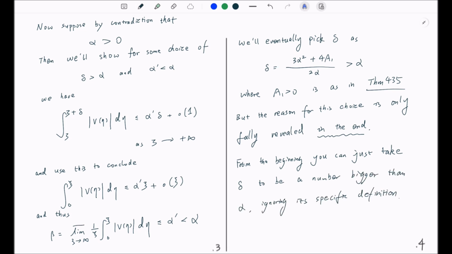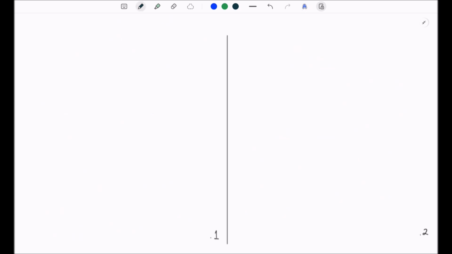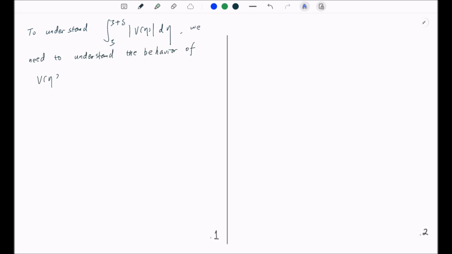Our first goal is to prove this inequality. And to this end, we need to understand this integral. So to understand the integral, we need to understand the behavior of the function v of eta on an interval.